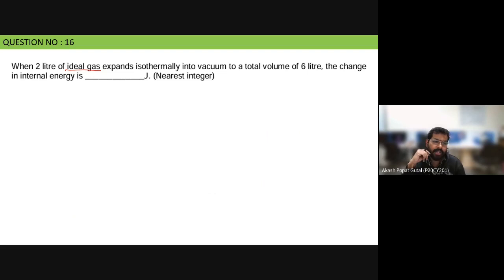Hint is you don't need to calculate anything. Remember, it expands into vacuum. It's written. What should be the answer?